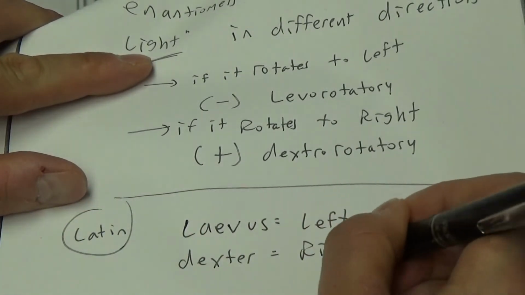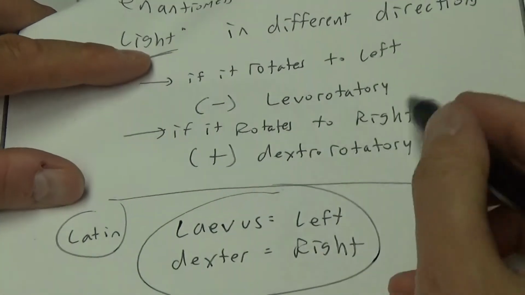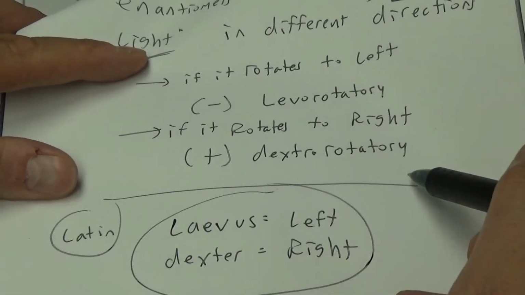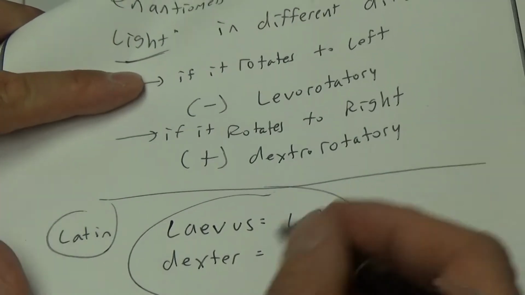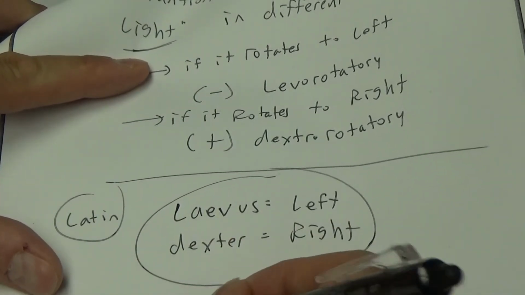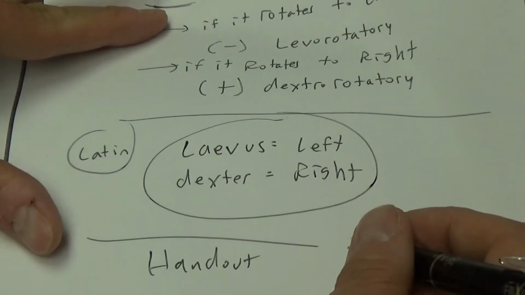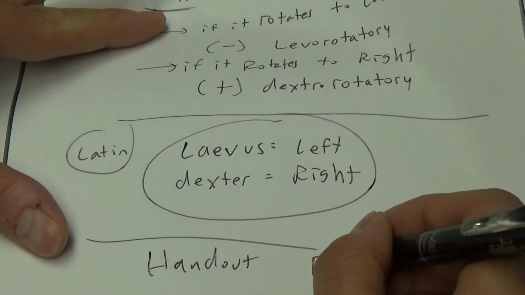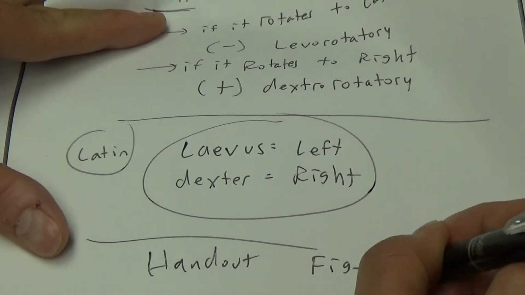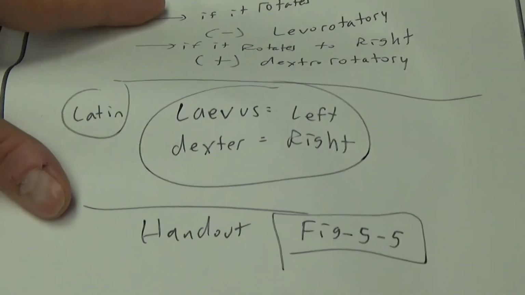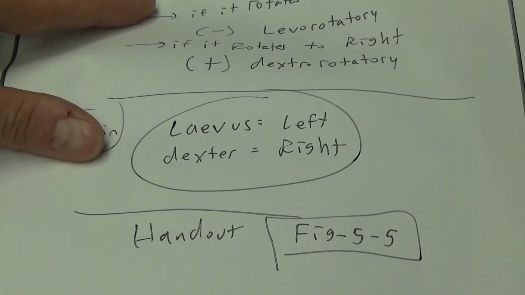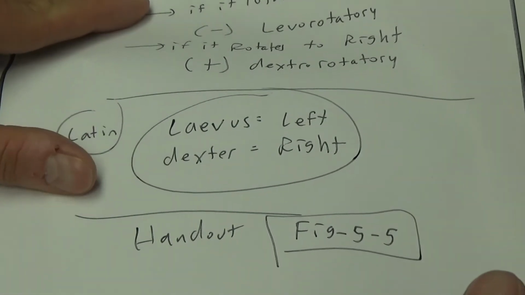I'm not a Latin expert, but that's kind of where those levorotatory and dextrorotatory come from. Okay, so let me show this handout and figure 5.5, which shows exactly what's happening with this plane polarized light stuff.